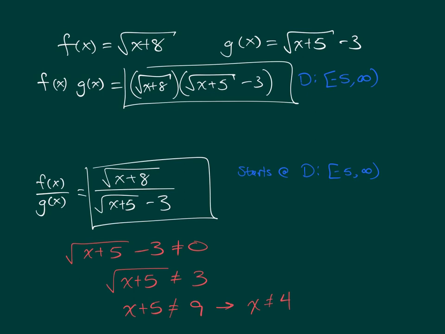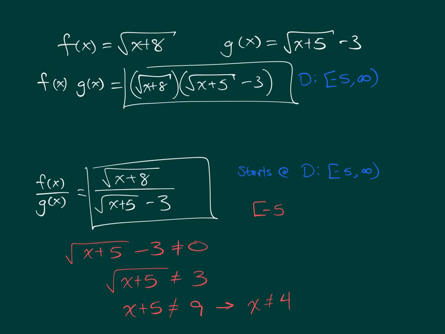The first thing we need to do is start with this old domain, right? We're starting at this domain. So what that means is we will be starting at -5, and as we travel to the right, we get really, really close to 4 as we approach it from the left.